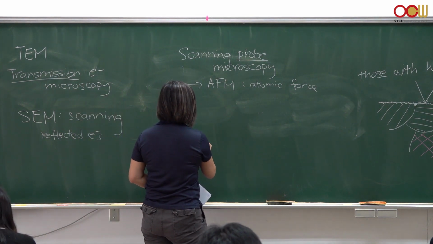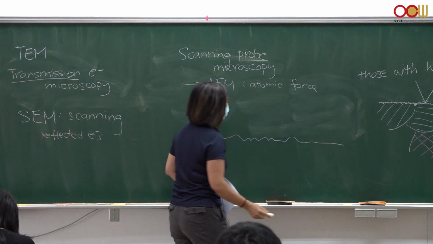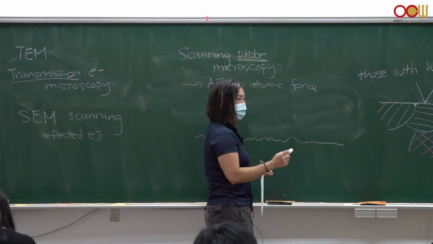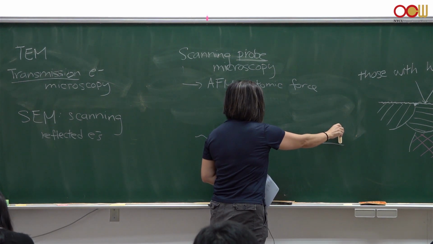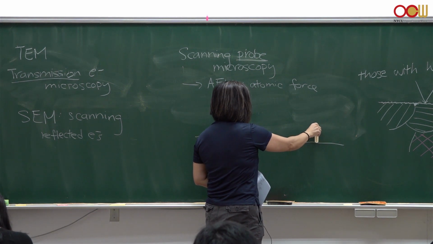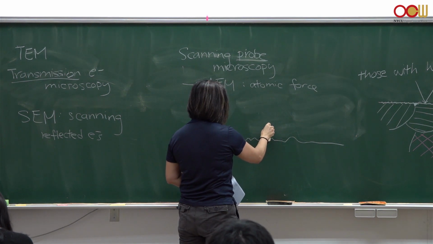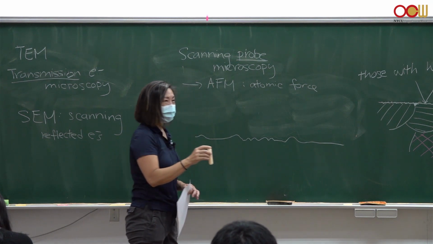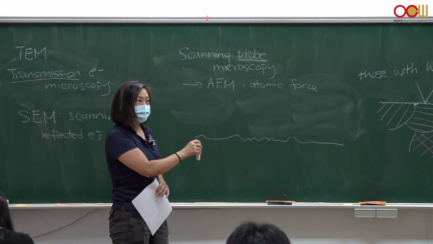So this is the surface of a material that I want to look at. If I can make a probe, a little stick that can go on the surface and follow the surface along, go up when the material goes up and go down when the material goes down, then I could kind of trace that surface, right?